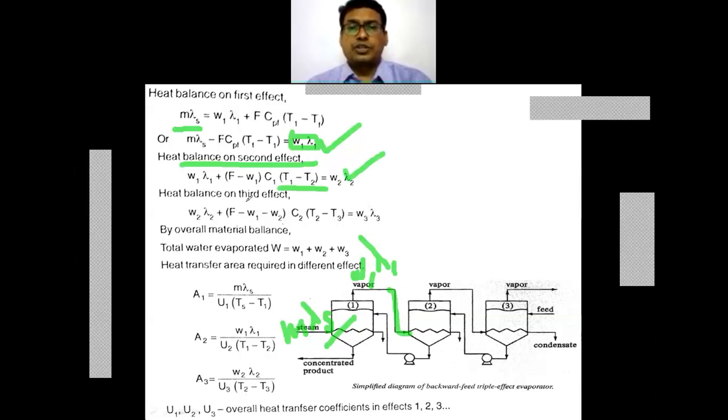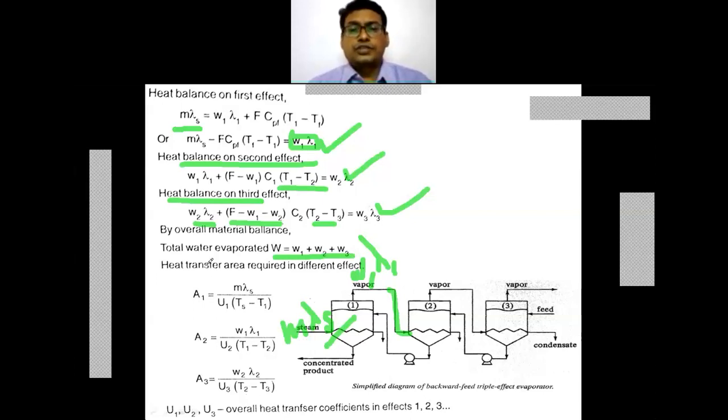Then heat balance on the third effect: W2 lambda 2 plus F minus W1 minus W2 into C2 into T2 minus T3, which is equal to W3 lambda 3. Taking the total water evaporated, W equals W1 plus W2 plus W3.